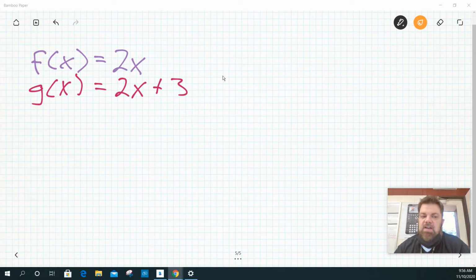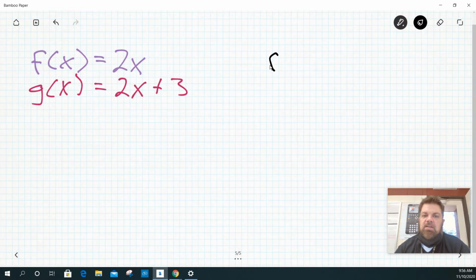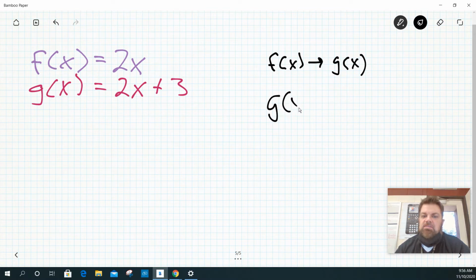So as we look at f of x, we have f of x is kind of the parent function, and we're transforming to g of x. So to do that, what do I notice? Well, I notice that basically g of x is equal to f of x plus 3.